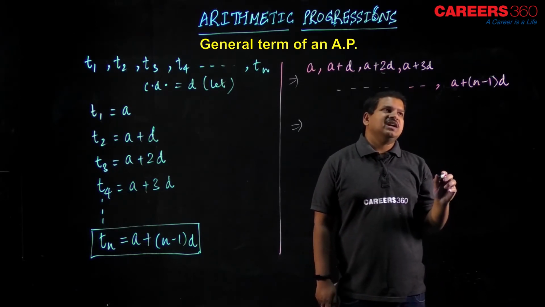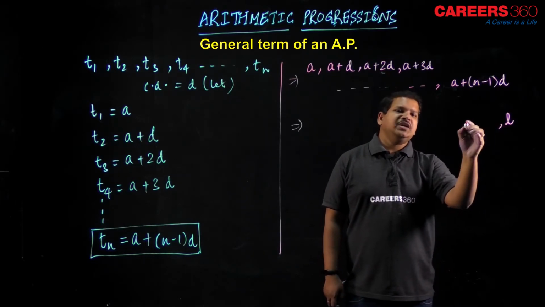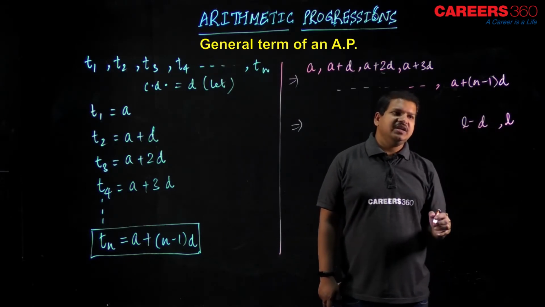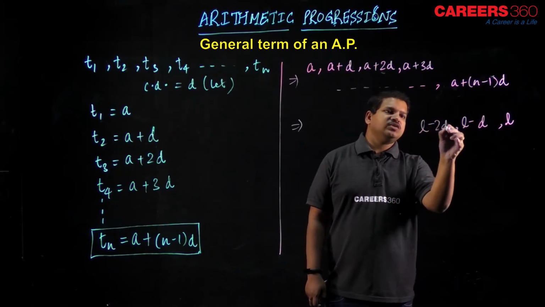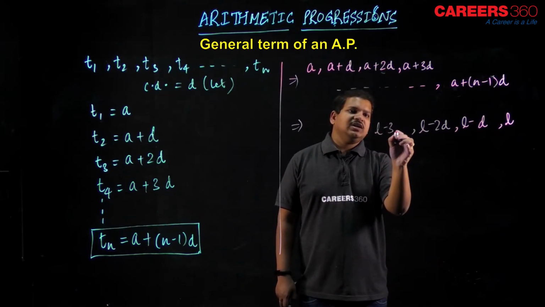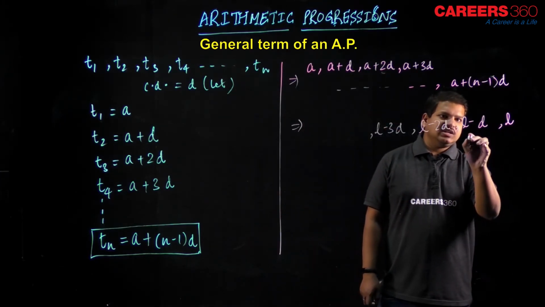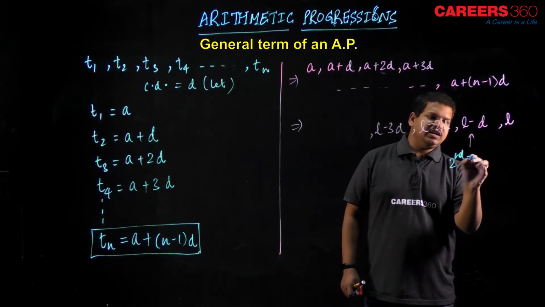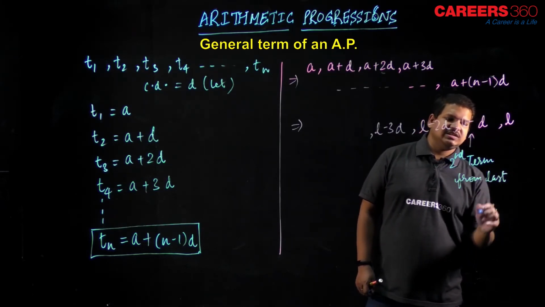Or this can be written as, if I start from the last, then this would be the last term, and if I want to get one term before, then I have to subtract D out of here, and if I want to get one more term from behind, then I have to subtract twice of D. See, this is the second term from last, right?